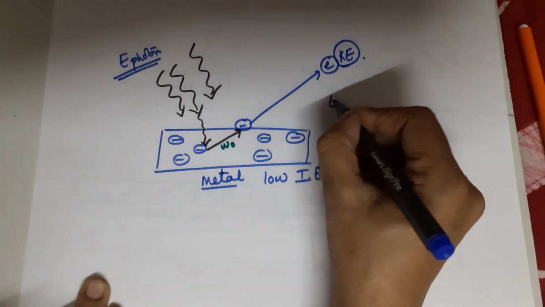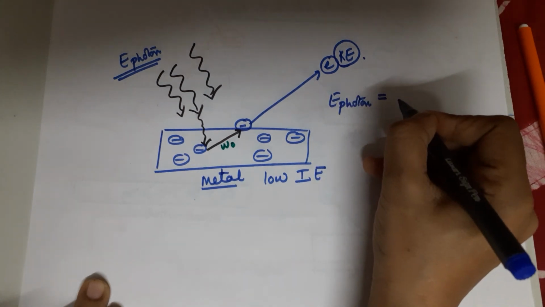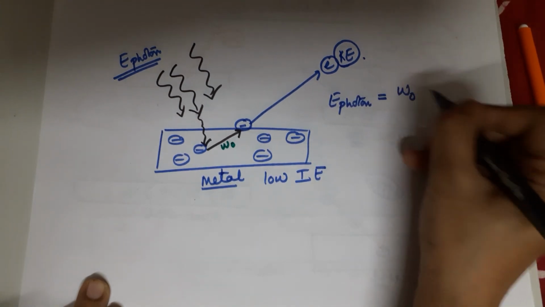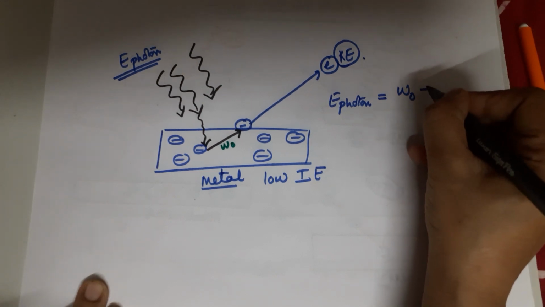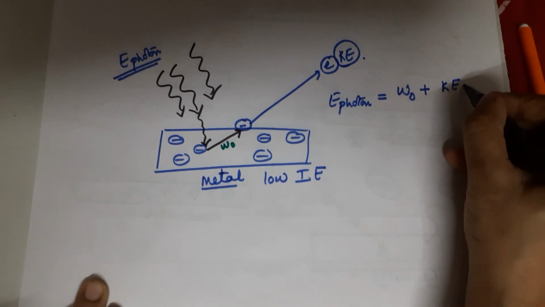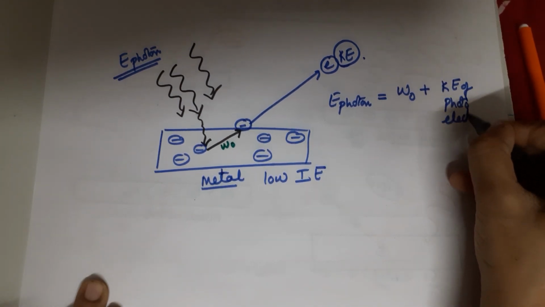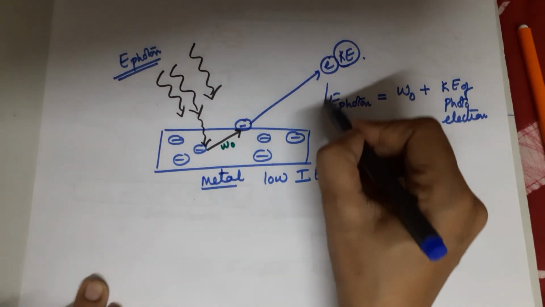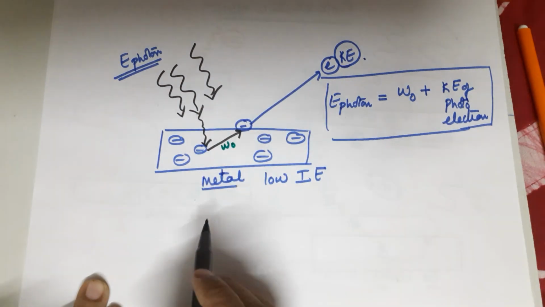So the energy of the photon is used for two things. One is the work function, just to remove the electron from the metal and bring it onto the surface, and second is for the mobility of the electron, that is the kinetic energy of the photoelectron. These are the two main functions of the energy given by the photon.